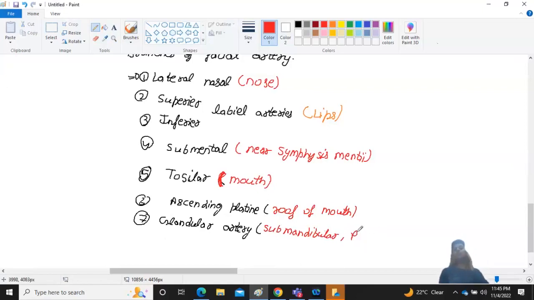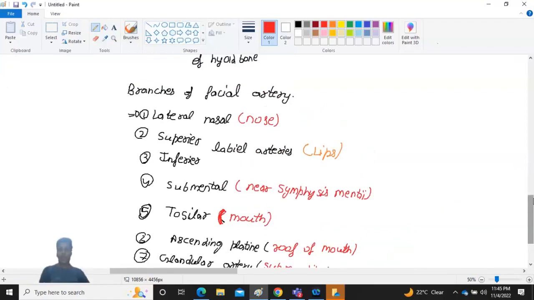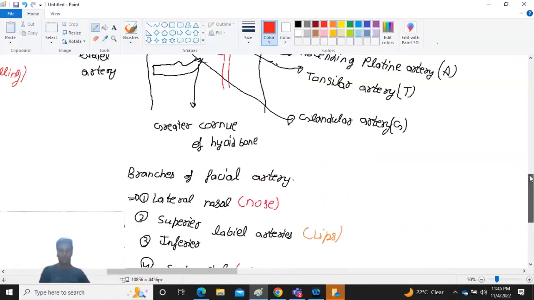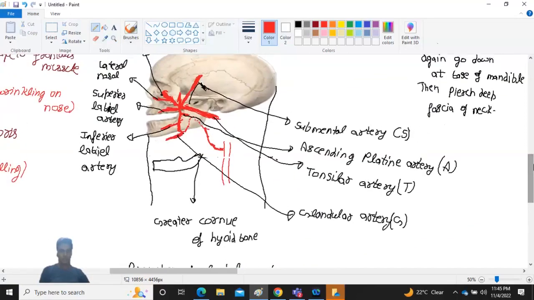Parotid is the mouth region, this cheek region, the parotid glands. Done. So these are the ones which supply. Arterial supply.